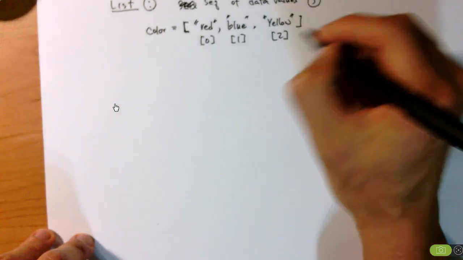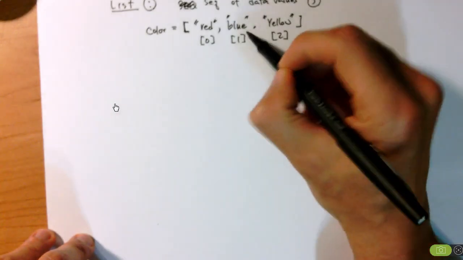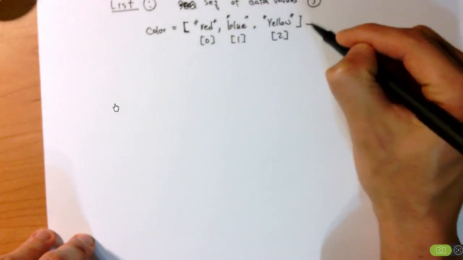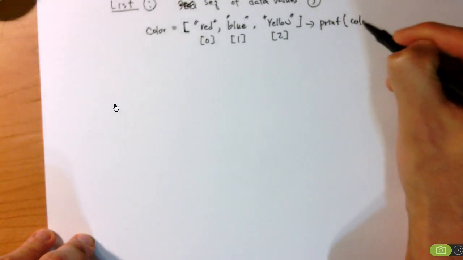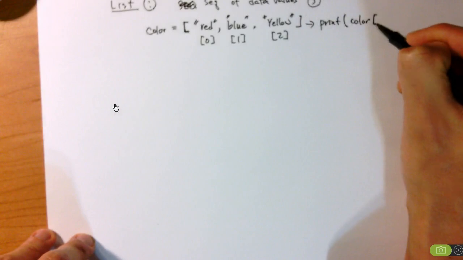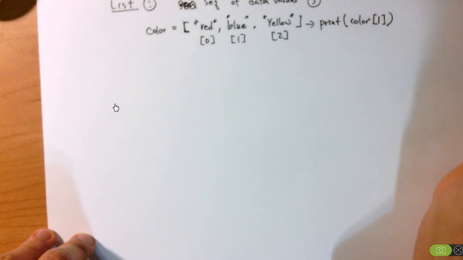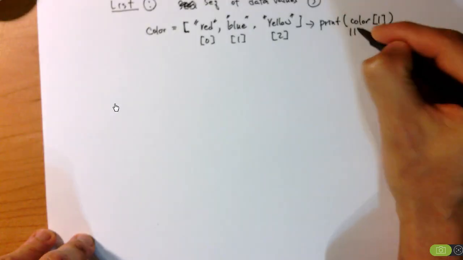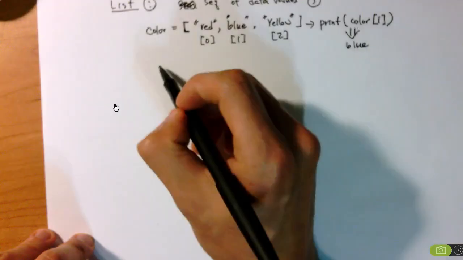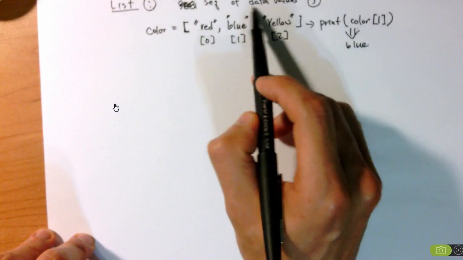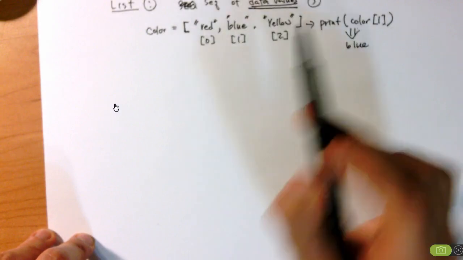So if you want to print, let's say, blue, you can say print the color, and then index 1. So this will print blue. Basically a sequence of anything separated by a comma.